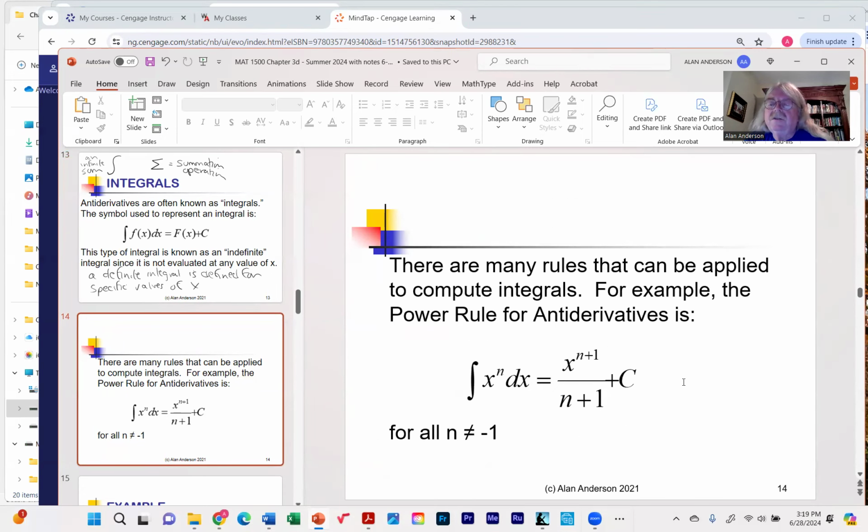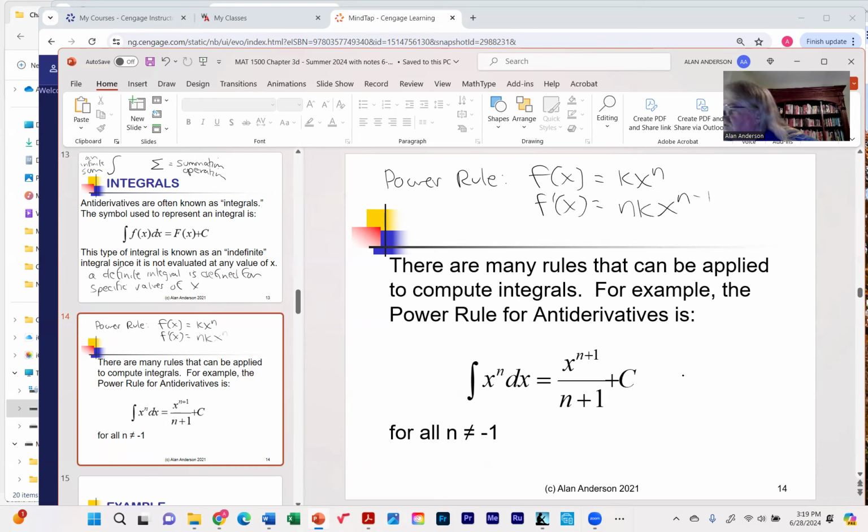Now, we're going to start to introduce some of the basic rules. So we have a power rule for differentiation. Our old friend, the power rule for differentiation: if we have this, then f prime of x is nkx to the n minus 1. For integrals or antiderivatives, the integral of x to the n power equals x to the n plus 1 power over n plus 1 plus c.